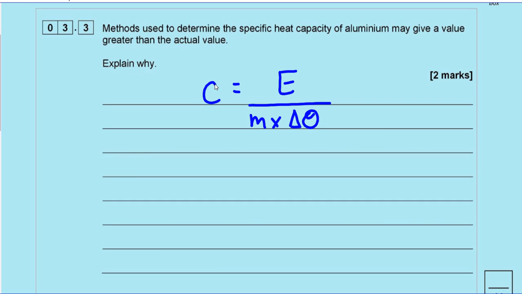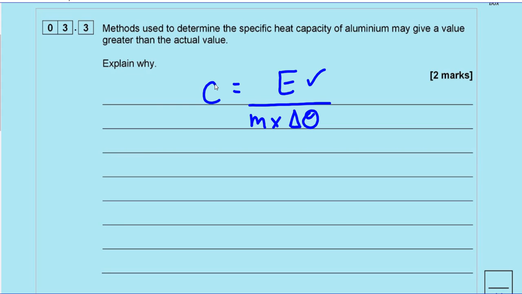Now the simplest way to explain this, I think, is with whatever amount of energy you supply, not all of that energy is going to directly raise the temperature of the block, because the block will be hotter than its surroundings, so therefore it will transfer some of its energy to the surroundings, so we won't get as big a temperature rise from a certain amount of energy as we would if there were no losses at all from the block.